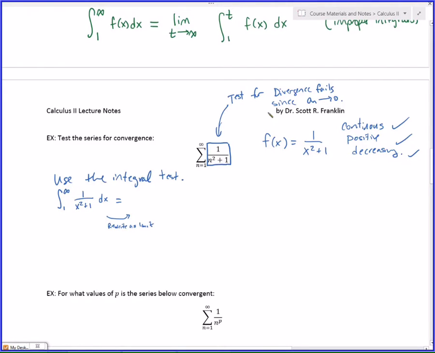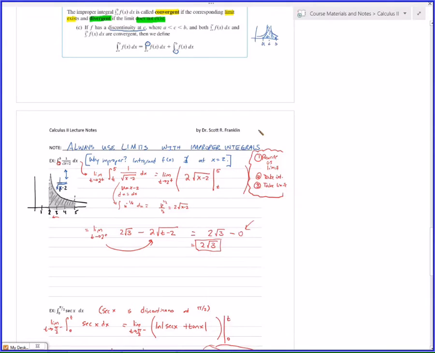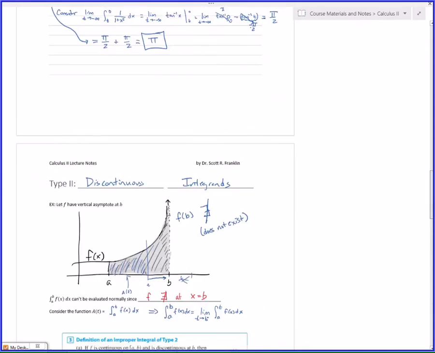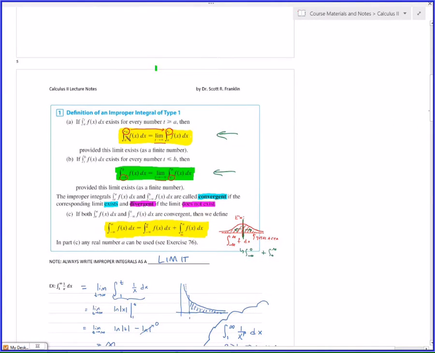When did we do that? Probably like 7.8. I'll come back there. Yeah, there it is. Improper integrals, whenever you got infinities up there, you rewrite it as a limit like this. I know that's been a long time, but that's something you're going to have to remember to do, and it's nice that we're coming back to it.